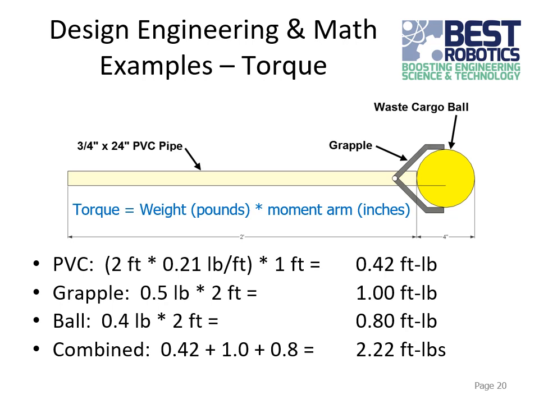And the center of that PVC pipe is 1 foot away from the end that it's rotating around. So you multiply that out, that's 0.42 foot-pounds. The gripper and the ball are both 2 feet out, so you multiply those weights by 2 feet. And you add all of it up, and you get 2.22 foot-pounds.